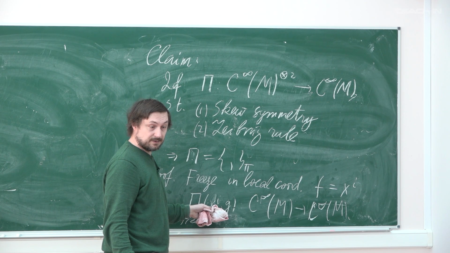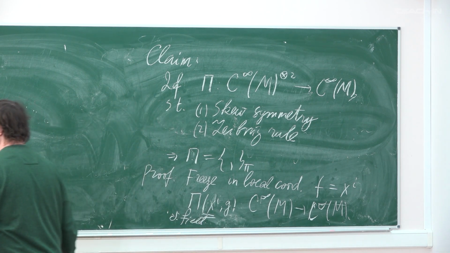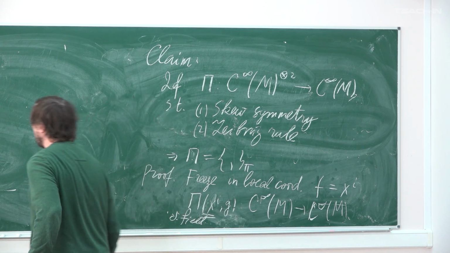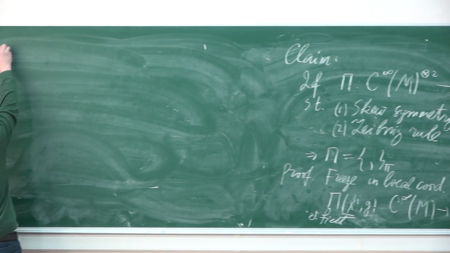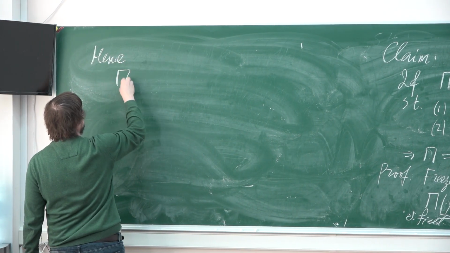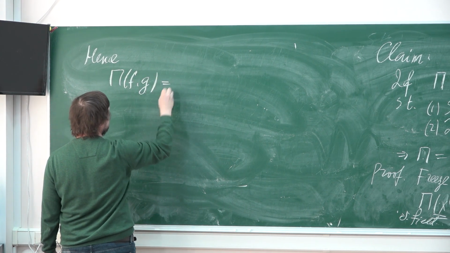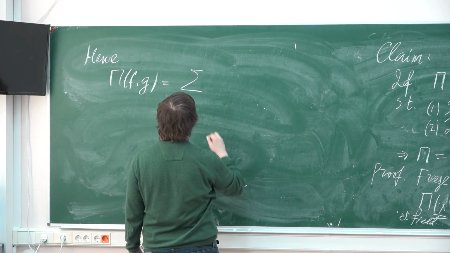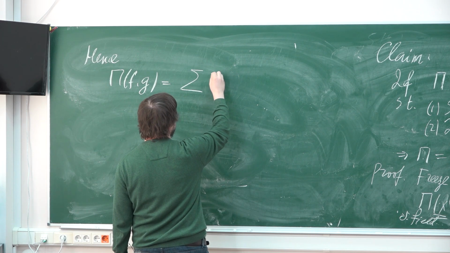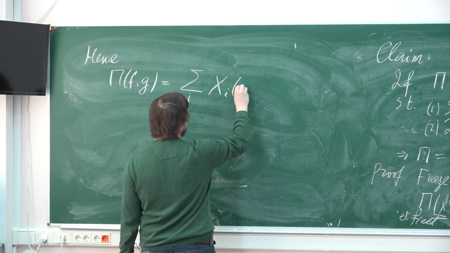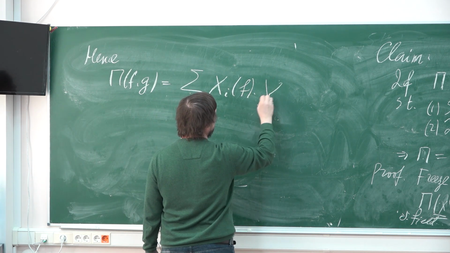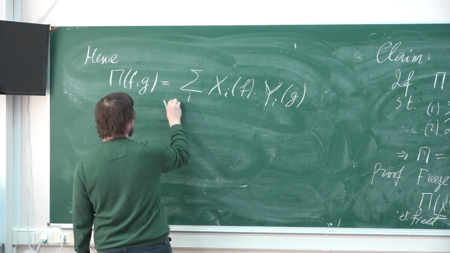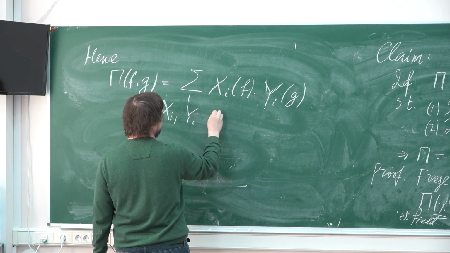So we just have two vector fields, for whenever we freeze f and g. So we have the following expression. It should look like a sum of some coefficients, X_i of f and Y_i of g, where X_i, Y_i are vector fields.